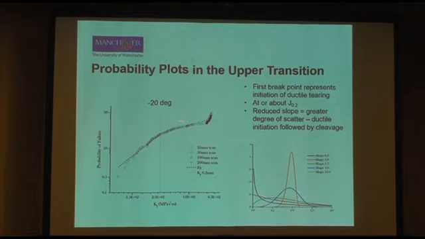In all of the cases, we then see a reduction in the Weibull modulus associated with a spreading of our distribution. And this, we believe, is associated with some ductile tearing, which then initiates cleavage. Finally, we have again a third distribution at relatively high kJs.